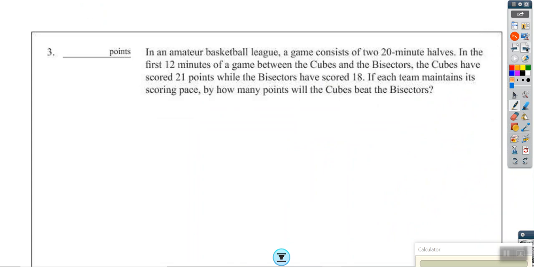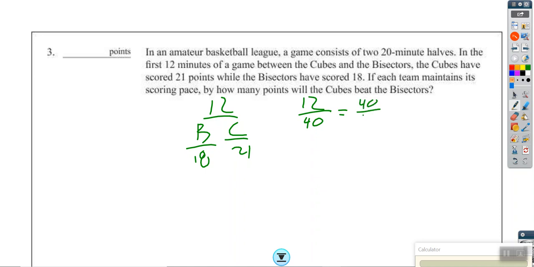All right, so an amateur basketball league, a game consists of 20-minute halves. So after 12 minutes, we know the C's are up 21 to 18. What I did here was I said 40 minutes divided by 12 is equal to 3.3 repeating.